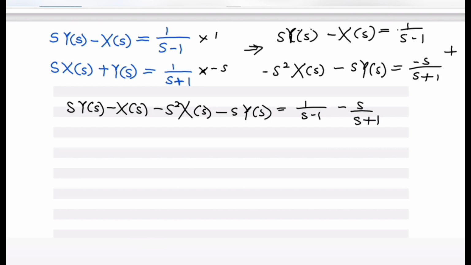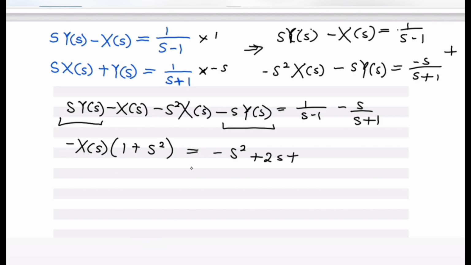If you look at this, you can clearly see that this minus this will simply give us 0. So what we're left with, if we substitute, is negative X(s) into 1 minus s into 1 plus s squared, and this simply gives us negative s squared plus 2s plus 1 all over s minus 1, s plus 1.